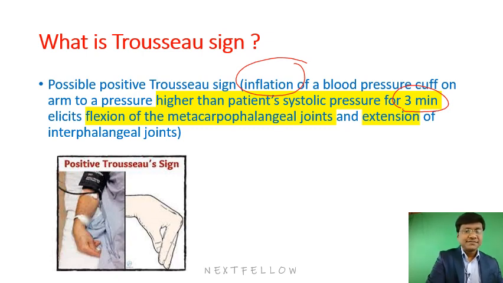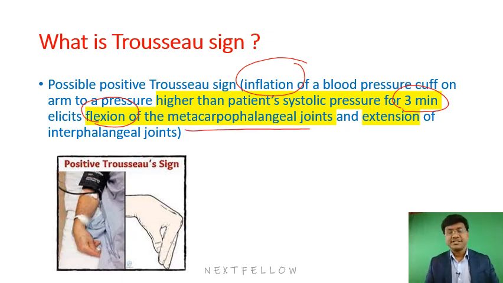You will observe flexion of the metacarpophalangeal joints, and you will observe extension of the interphalangeal joints. That is what is called the Trousseau sign. Okay, and you see this in hypoparathyroidism.